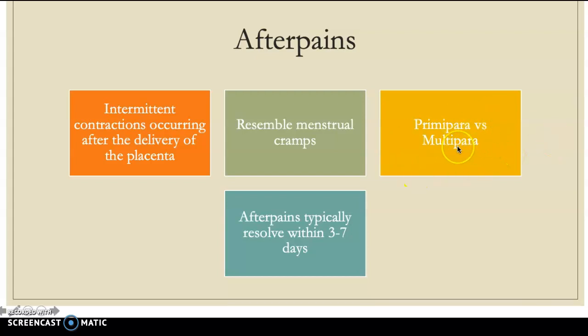The more children a woman has, or if she's had twins or triplets, the more that uterus is being stretched out, the more she will feel these after pains. And then they resolve typically within 3 to 7 days after delivery.